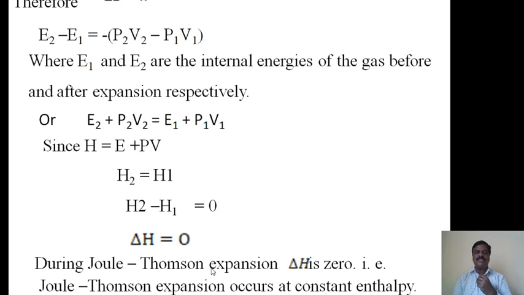During the Joule-Thomson expansion, delta H is 0. Therefore, Joule-Thomson expansion occurs at constant enthalpy.